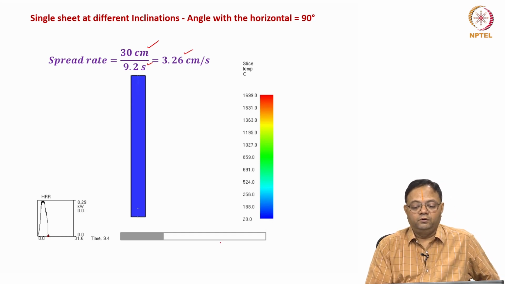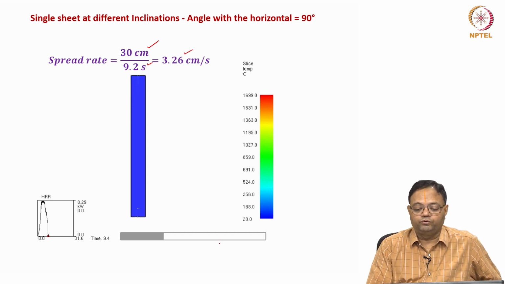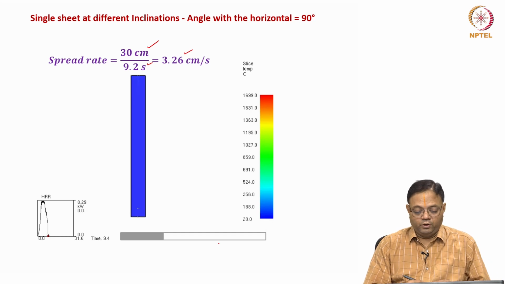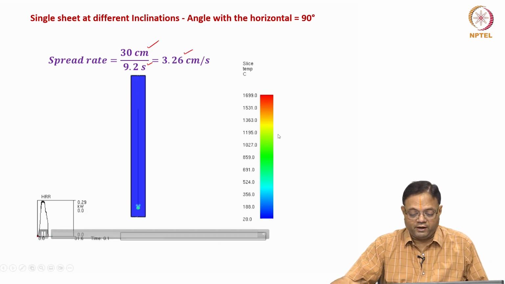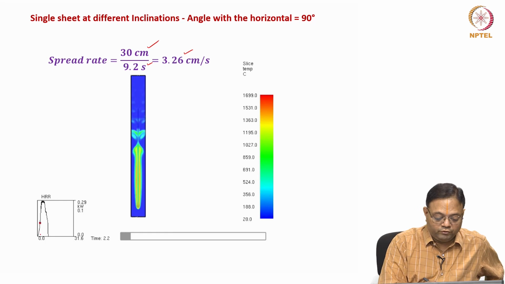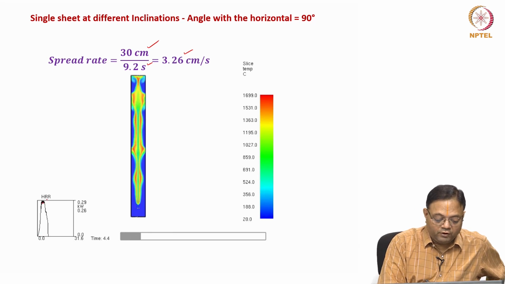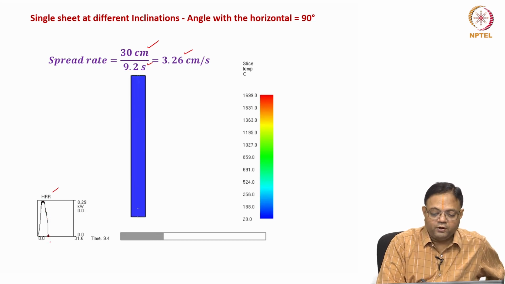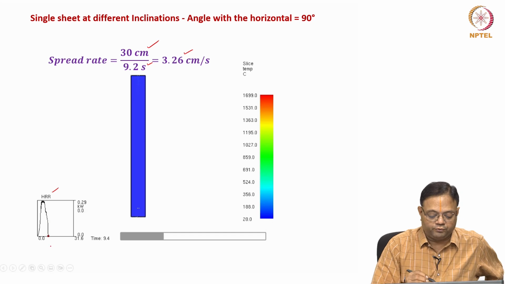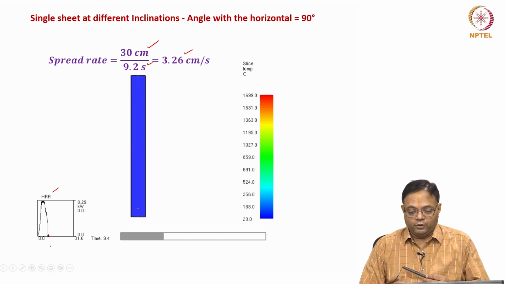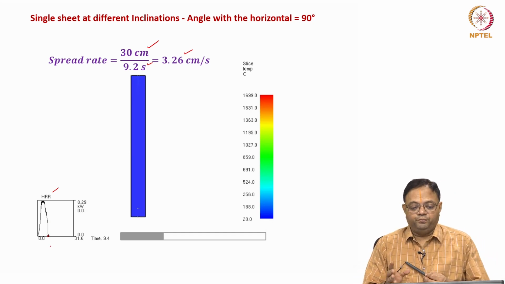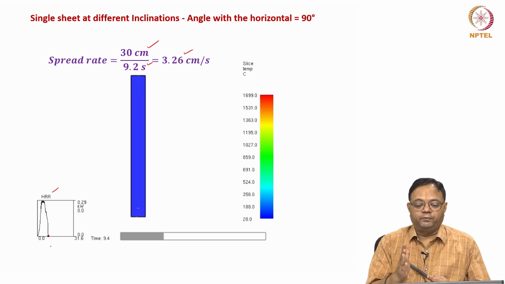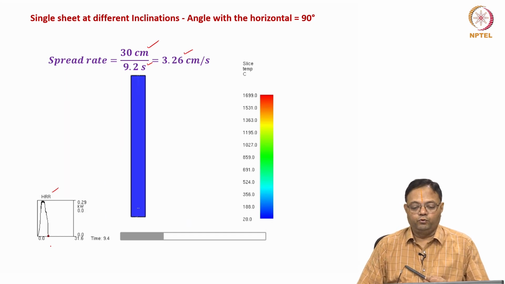The flame spread velocity will be 3.26 centimeter per second. On the left side, you see the heat release rate with time. Heat release rate rapidly increases, reaches the maximum, then as the fuel is consumed, it drops rapidly. So this is the concurrent flame spread on a vertically oriented thin fuel.